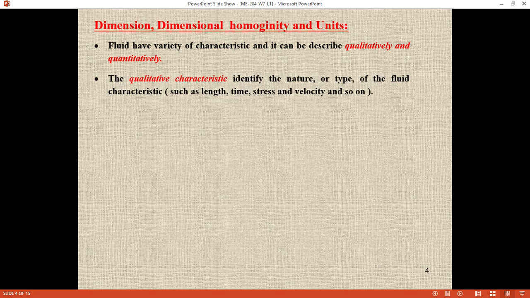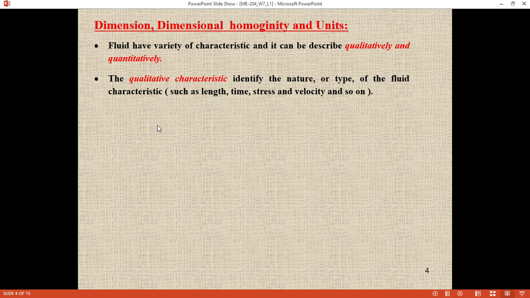So the qualitative characteristics identify the nature or type of the fluid characteristics, such as length, time, stress and velocity and so on. So this type of characteristics describes the flow properties and the fluid properties.